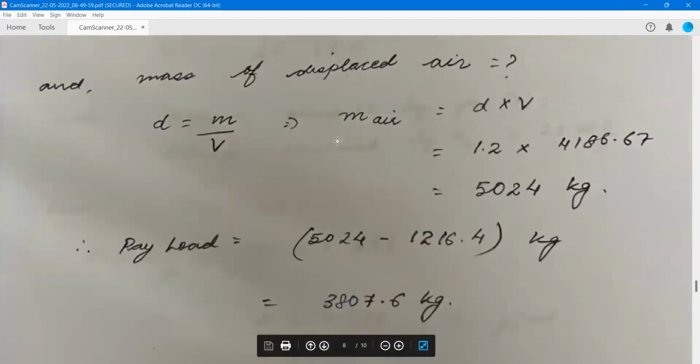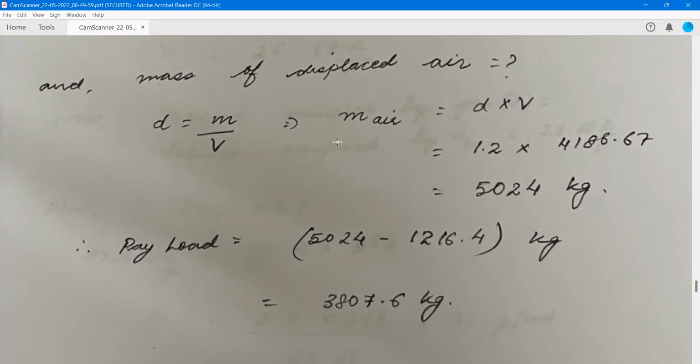But in the question, what they have asked is the payload. They have also told in the question the definition of payload. They have mentioned that payload is defined as the difference between the mass of the displaced air and the mass of the balloon. We now know the mass of the final balloon, that is helium plus the mass of the balloon, and also the mass of the displaced air.